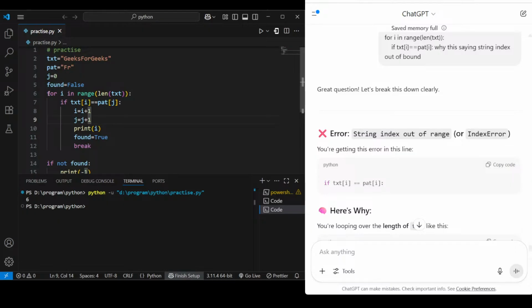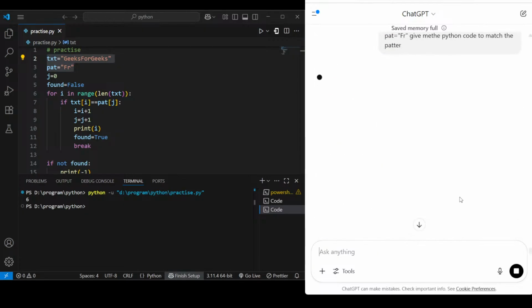It should increment the letter also. Match the pattern.